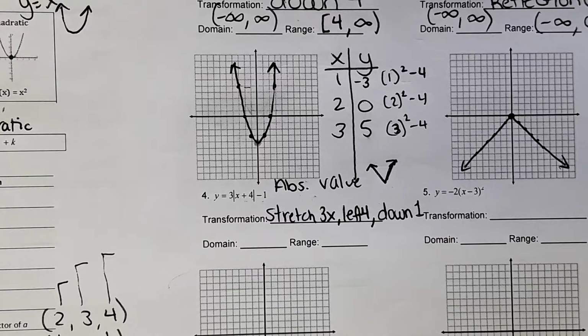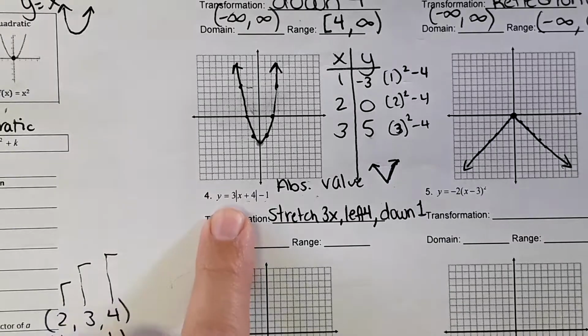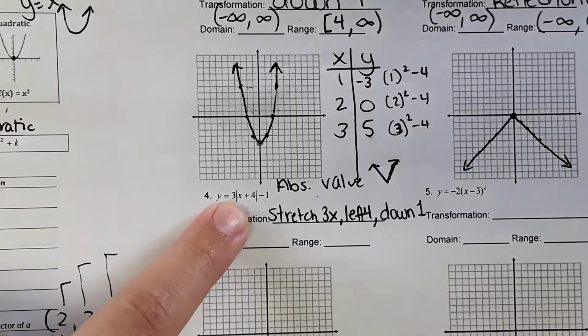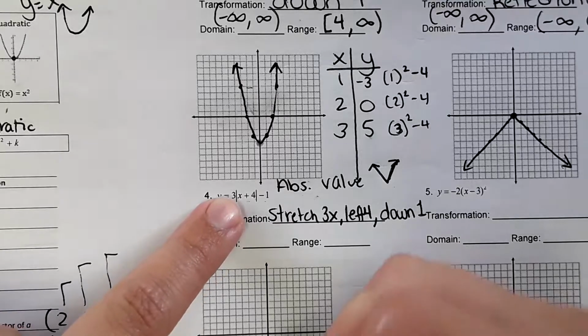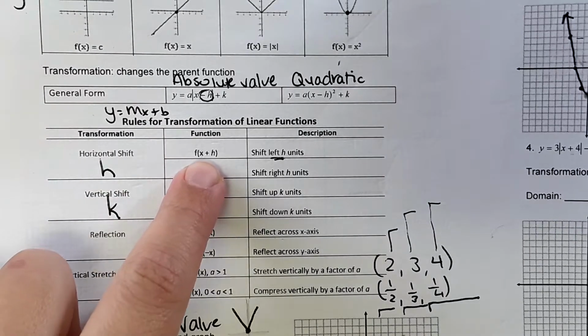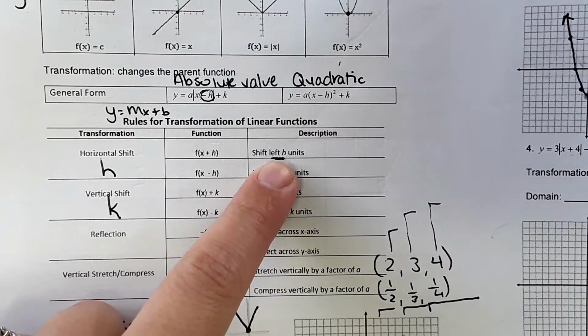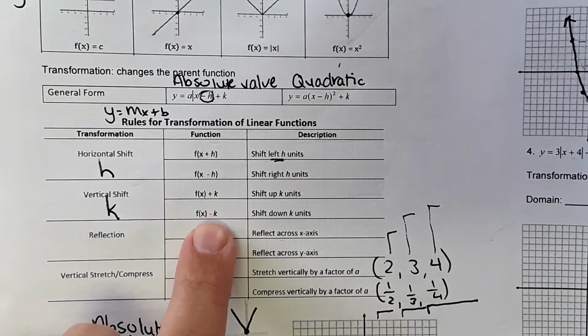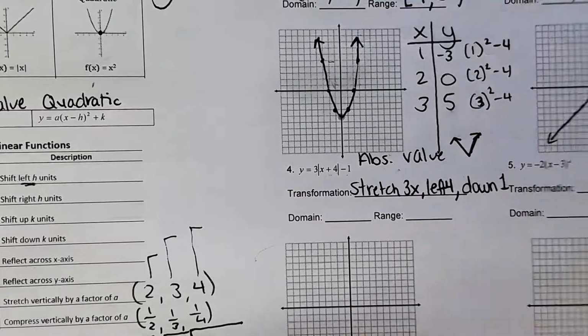How do you find this out? Looking at this, that coefficient, that 3, it's like a slope, but they're calling it stretch because it doesn't just go like, you'll see in a second. Then left 4 and down 1 is from this over here. So plus h, that's left that many units, so I put left 4, and then the minus k, that means down that many units.